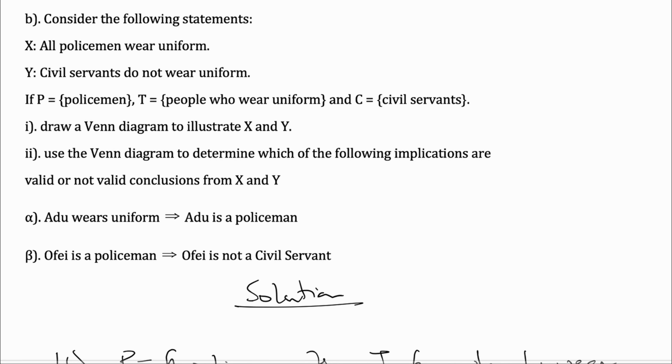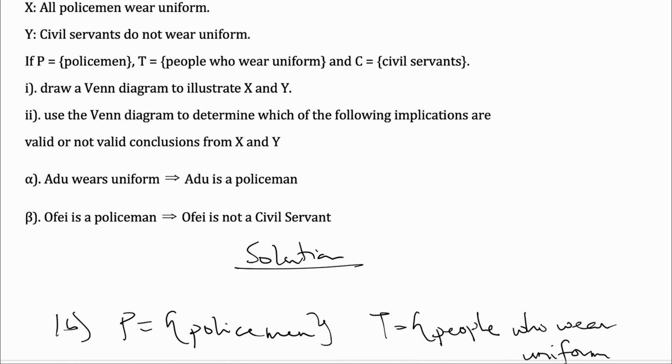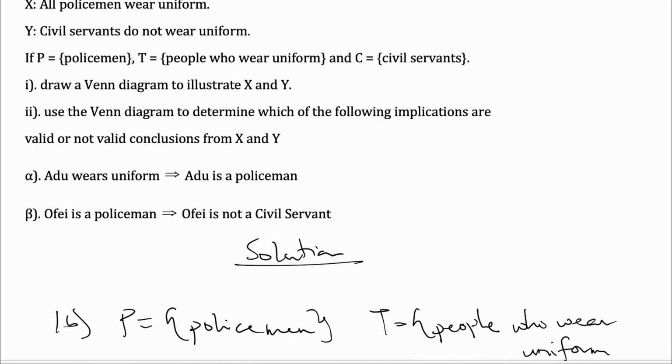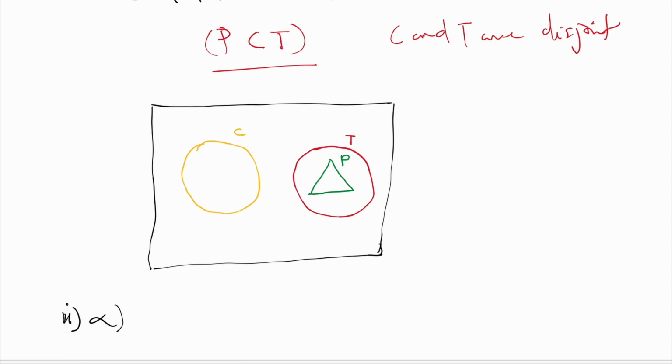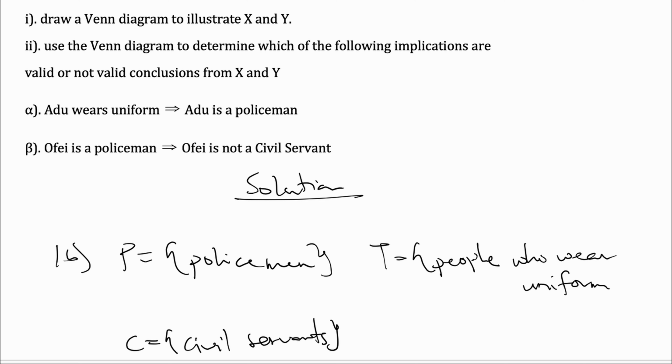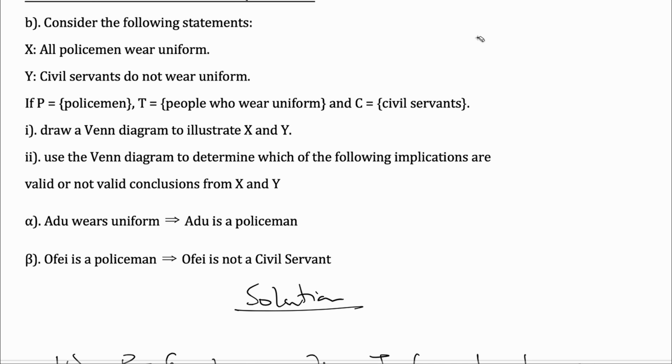Moving on to BII. We are using the Venn diagram to determine if the following implications are valid or not. So II alpha says, Edu wears uniform implies that Edu is a policeman.